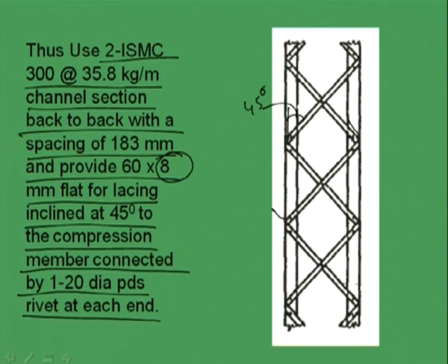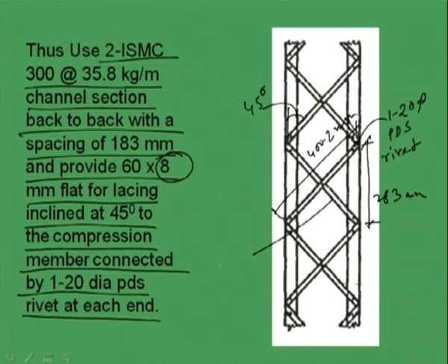So, if we give the dimension, this is 45 degree, this will become 400.2 millimeter and everywhere 25 PDS rivet will be required, and then this is coming 283 millimeter and the size will be 60 by 8 mm plate, and this will be ISMC 300, right.